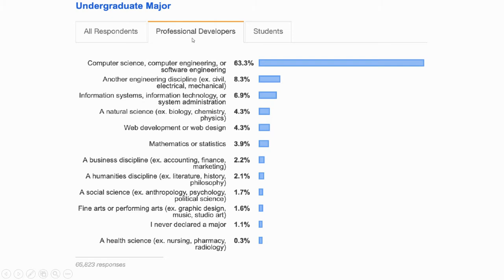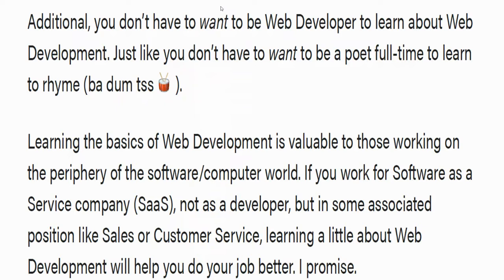You can see that 63% of professional developers actually studied computer science or something related to that, while over 36% of developers didn't study anything that concerned computer science. That's to let you know that you can become a professional developer without studying computer science, without having a computer science degree. You understand me? You're very free to start your web development career.